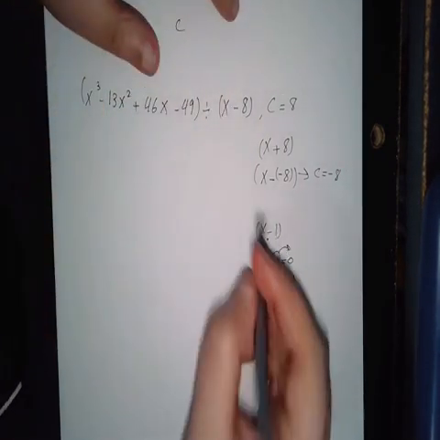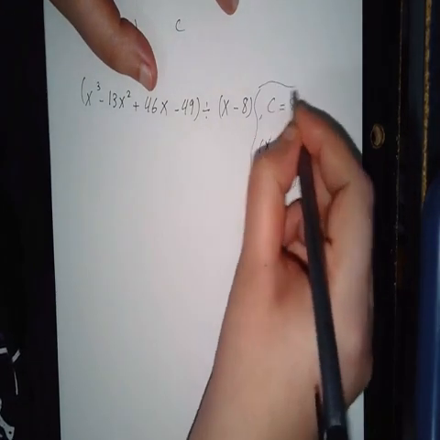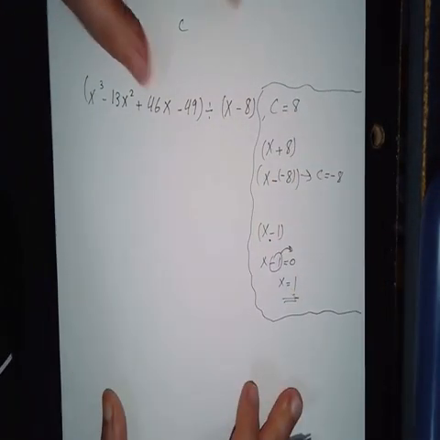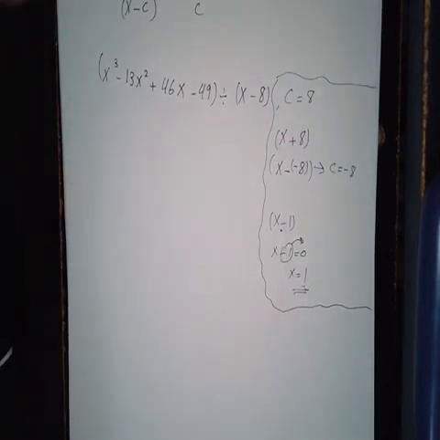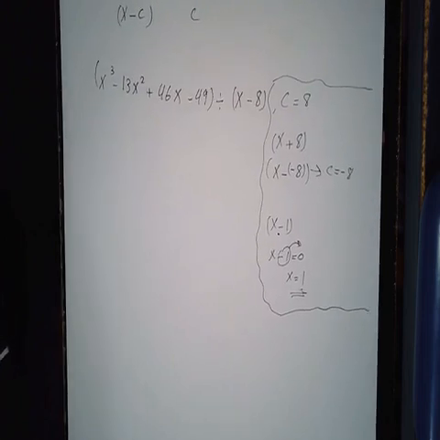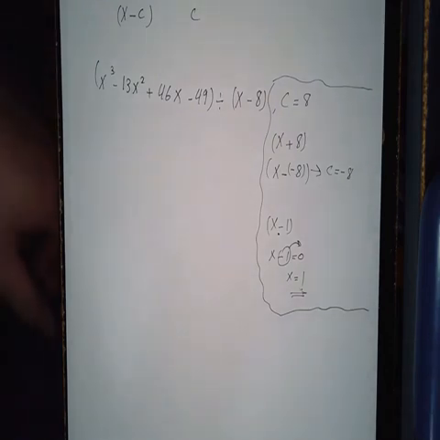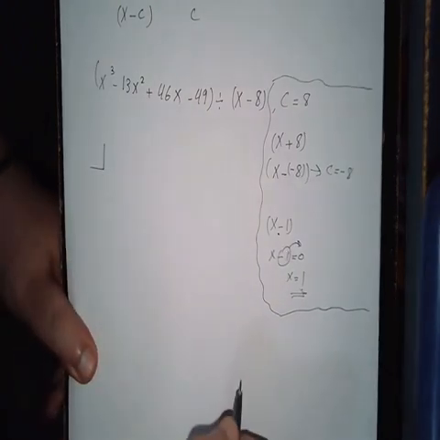Now, let's actually look at synthetic division and what it means. So this is like a side note over here. Okay, so now let's do synthetic division. When it comes to synthetic division, unlike long division, you're not going to write every single thing you see in the problem. All you're going to write is the signs and coefficients of the terms. All you need is this little box right here.